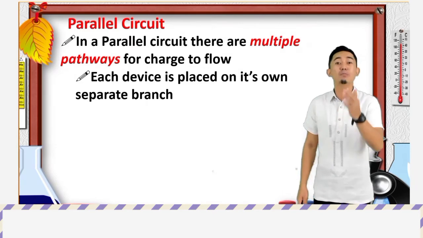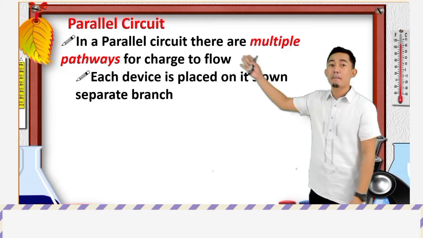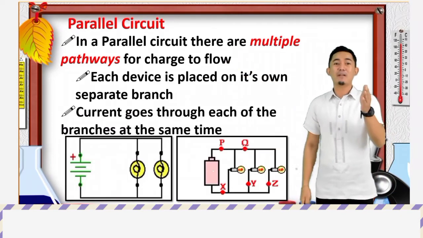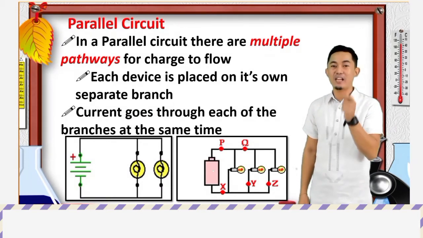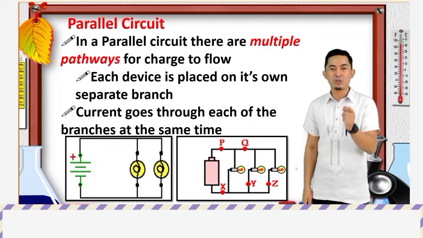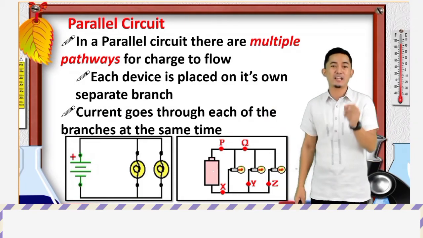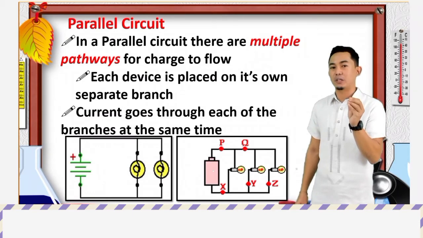So there are two or more branches because there are multiple pathways in a parallel circuit. Another thing, current goes through each of the branches at the same time. So as you see in this circuit, all the branches have light, or have current or electrons to flow.